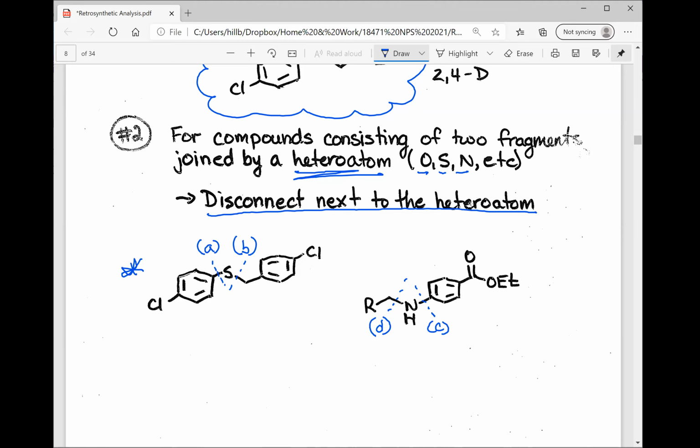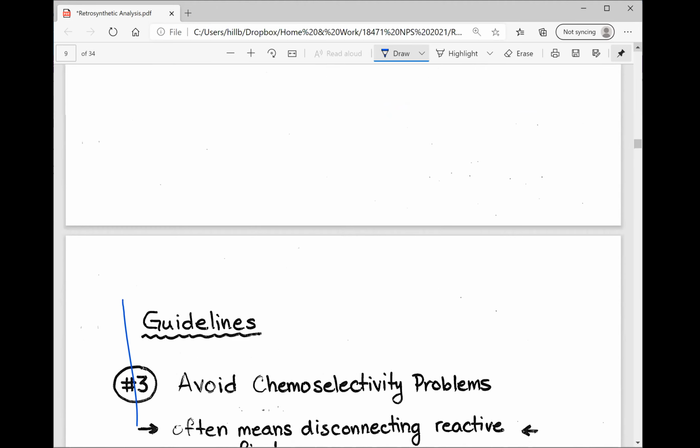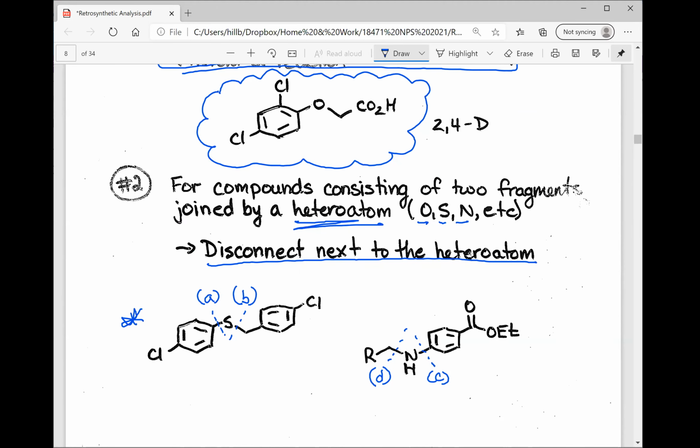So remember, you want an acceptor and a donor. And the interesting thing about compounds consisting of two fragments joined by a heteroatom, oxygen, sulfur, or nitrogen, is that what they have in common is they have lone pairs.